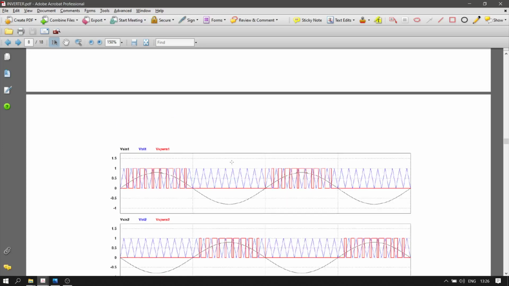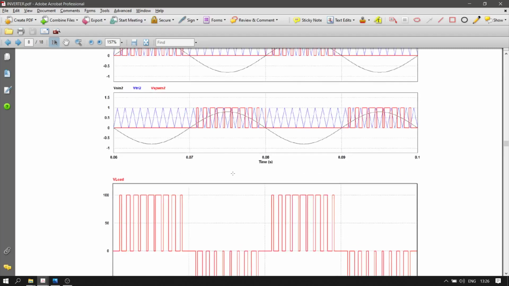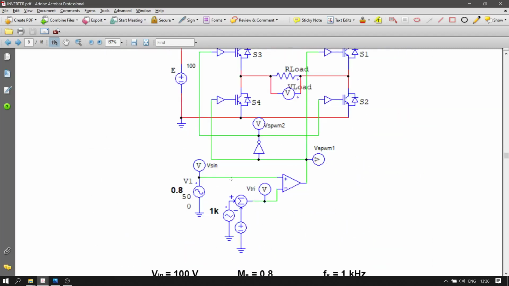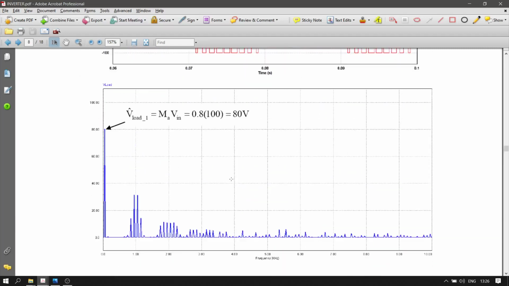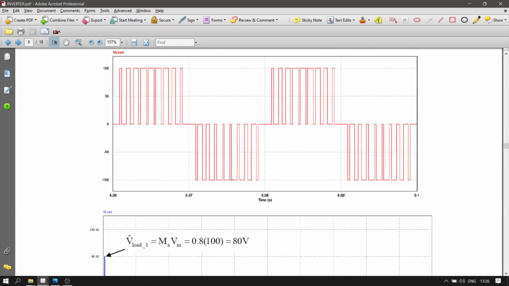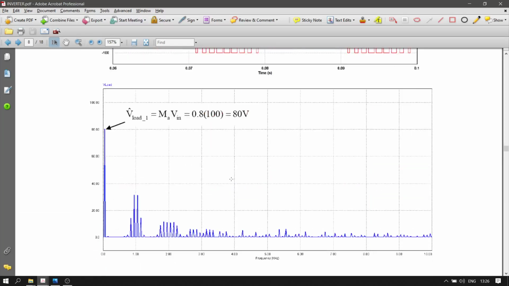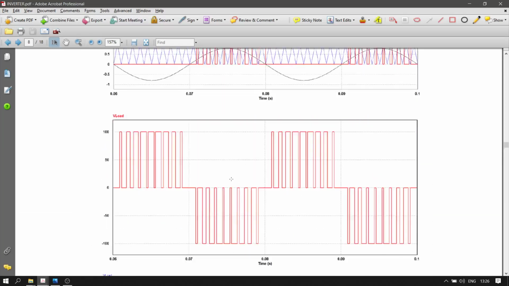You can apply the same as bipolar. Actually, you can also find the coefficients of the Fourier series of the PWM here, but it will not be covered, so don't worry about that.